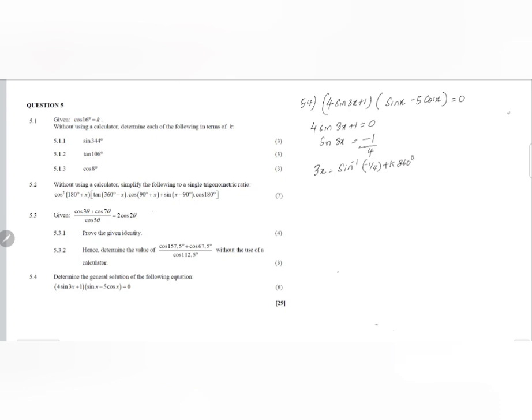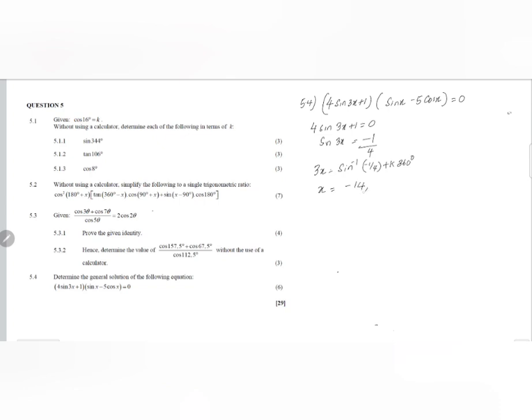This is quite easy. We can do this one very easily. Okay, so we got one general solution, but they want the x value, so divide all of them by 3. That is, x is equal to sine inverse of minus 1 over 4. What is sine inverse of minus 1 over 4?